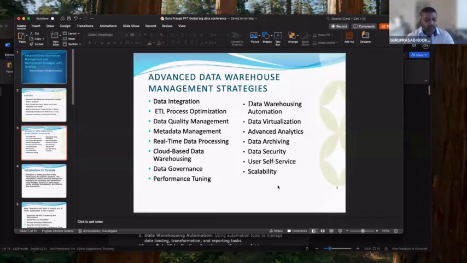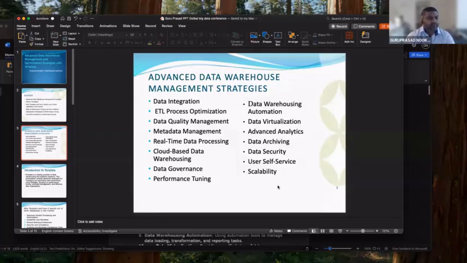And data virtualization is providing a unified view of data across disparate systems without physically moving it. So instead of moving your data from one place to another, data virtualization will help you keep it physically in one location while connecting to the other sources, improving agility.